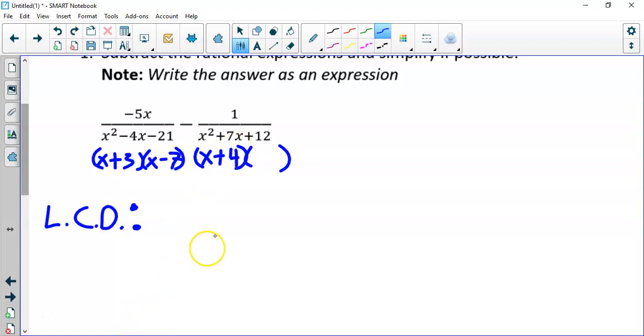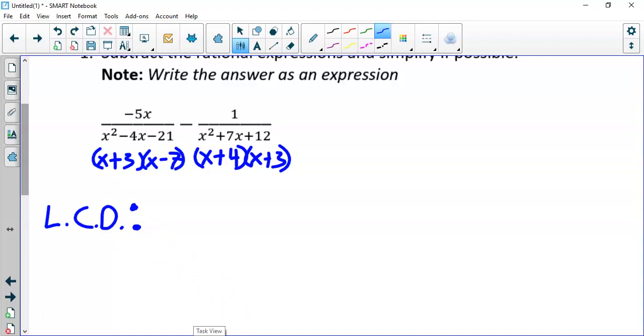Not minus 3. Positive 3. Yeah, because there's no negatives up here. Positive 3, positive 4 give you the positive 12. Positive 3, positive 4 when added together give you the positive 7. Cool. So here are the denominators.